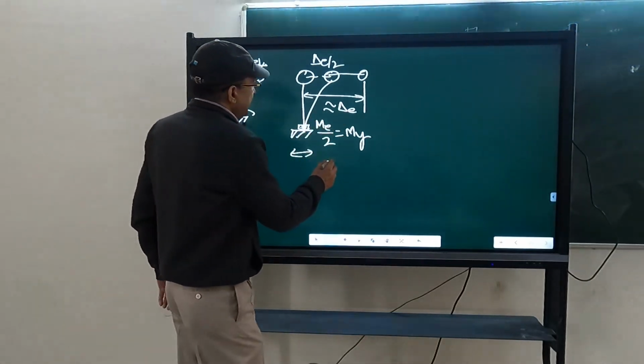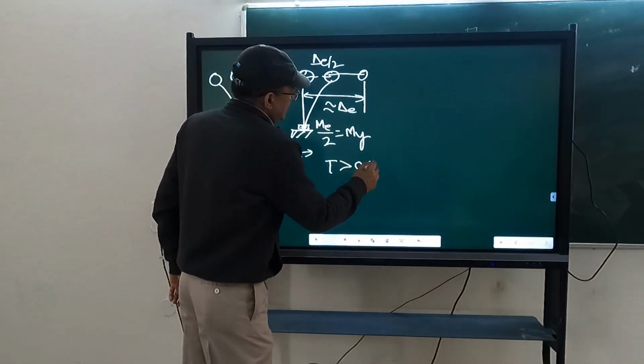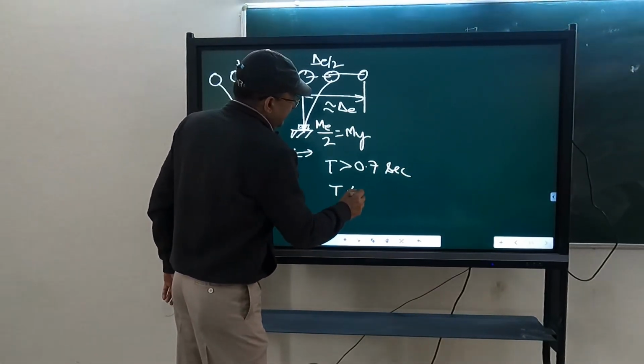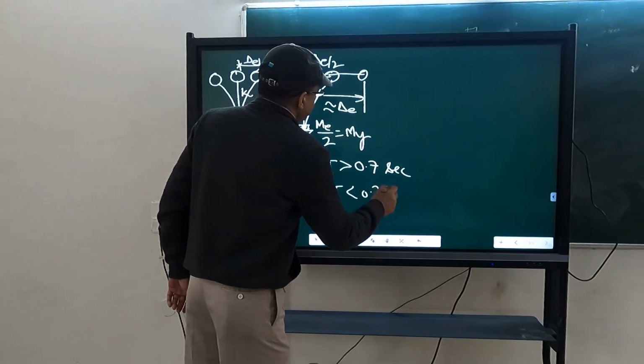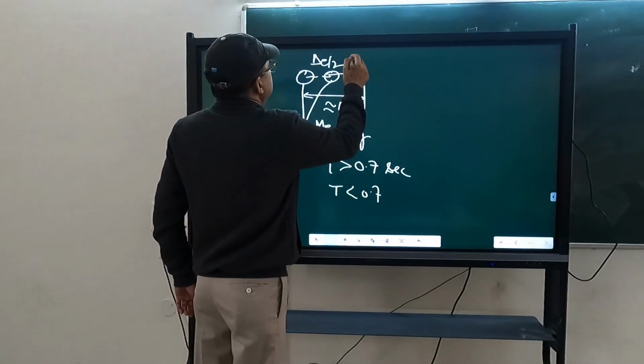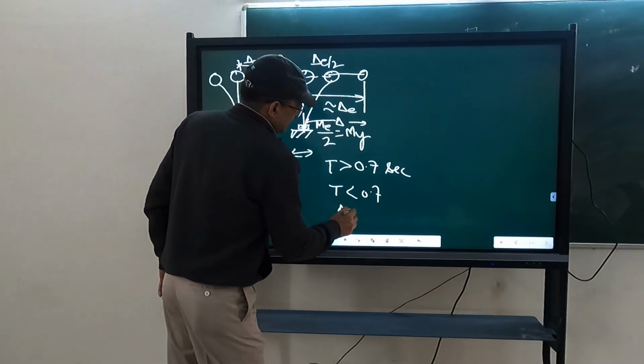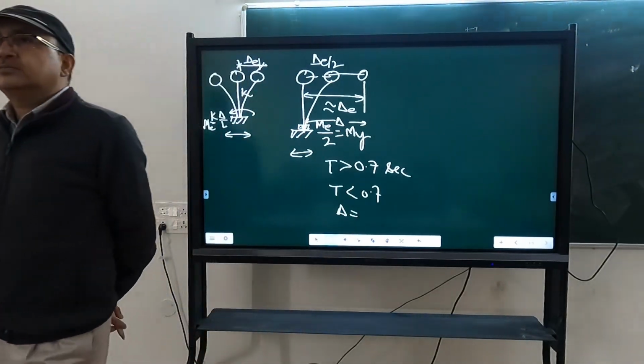If this period is greater than 0.75. Suppose period is less than 0.7 second, then what will happen? This delta, how much will be this?